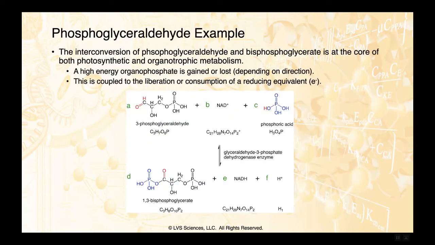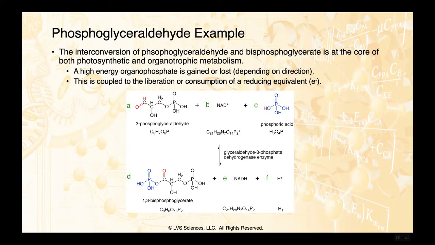All right, so now let's look at this a little more deeply. Most biochemists or chemists think of individual reactions. Okay, and here's a classic one, which is the interchange between 3-phosphoglyceraldehyde and 1,3-bisphosphoglycerate.